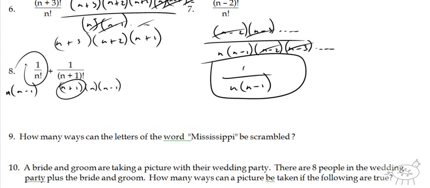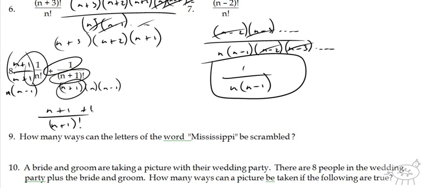So what I need to do is multiply by (n+1) over (n+1). If I do that, I get n+1 on top, and I get n+1 times n, which is just (n+1)!. That's why I'm trying to get to the same denominator, right? And then, of course, it's still plus 1. So I wind up with (n+2) over (n+1)!.